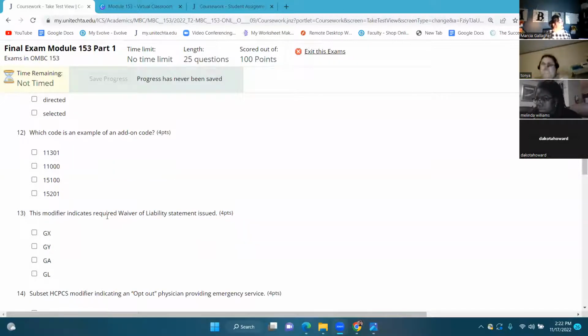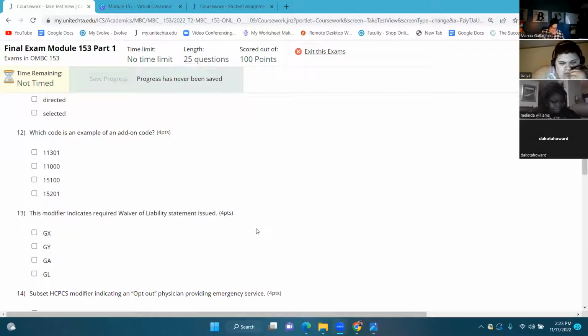This modifier indicates required waiver of liability statement issued. GX, GY, GA, GL. These are in your Hicks picks modifiers. In your Hicks picks, the modifiers start on page 102. So we're looking for a modifier that indicates required waiver of liability.